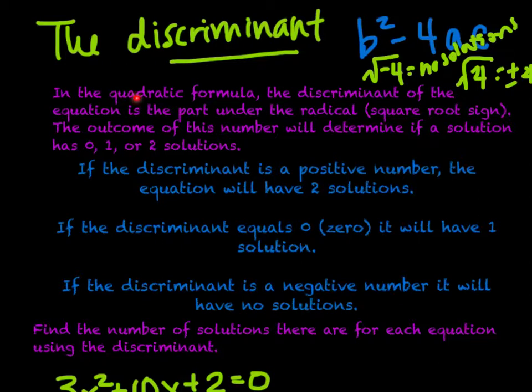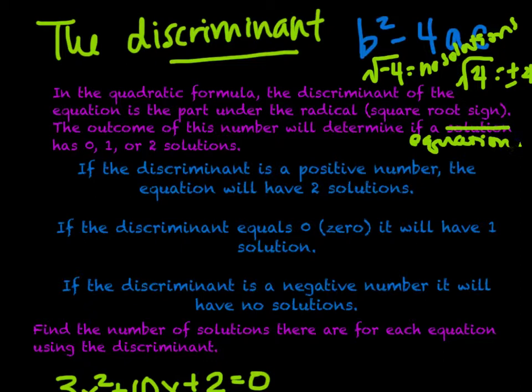So, in the quadratic formula, the discriminant of the equation is the part under the radical, or the square root sign. The outcome of this number will determine if an equation has 0, 1, or 2 solutions. So this should say equation. Nice handwriting.